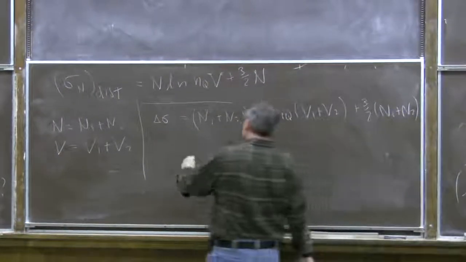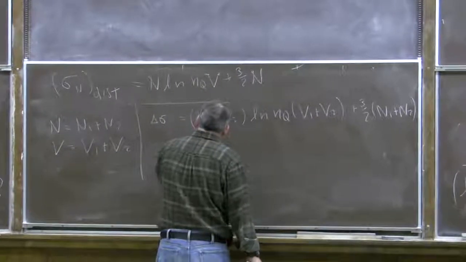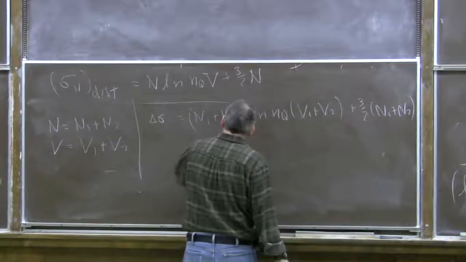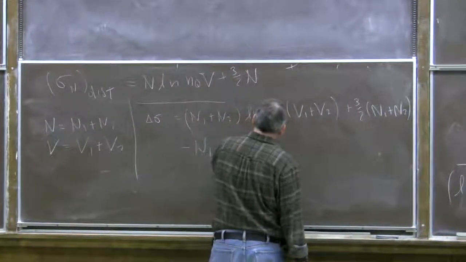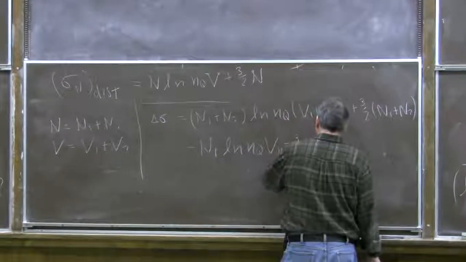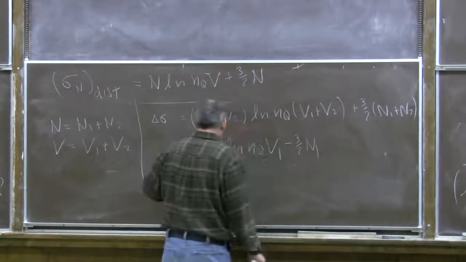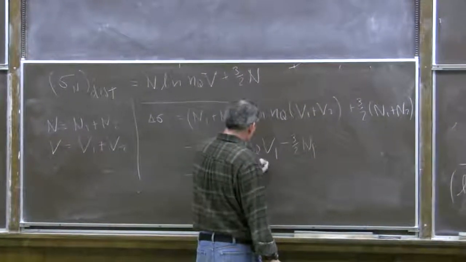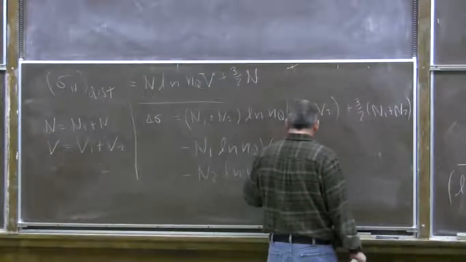And then I subtract away the sum of the entropies of the two boxes before we remove the partition. For the first box, that was N1 log quantum concentration times volume 1 minus 3/2 N1. And for the second box, minus N2 log quantum concentration times volume 2 minus 3/2 N2.